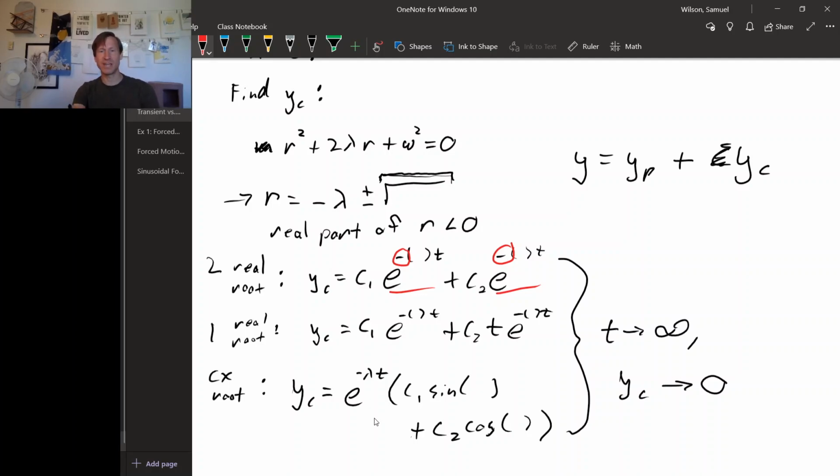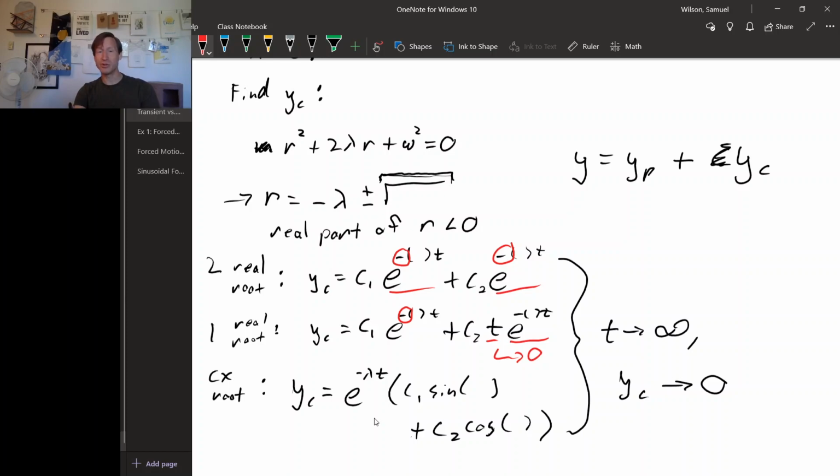In the 1 real root case, this first term is exponential decay. The second term, t goes to infinity, but e to the negative any constant times t goes to 0 faster than t goes to infinity, so even this goes to 0. It's not quite exponential decay, it's slightly sub-exponential, but it does go to 0.